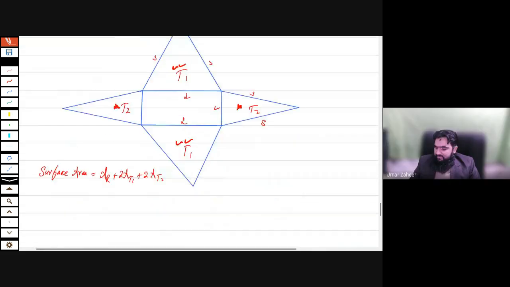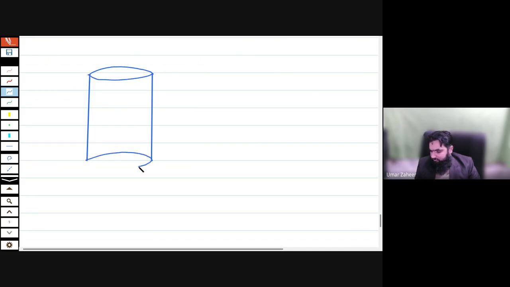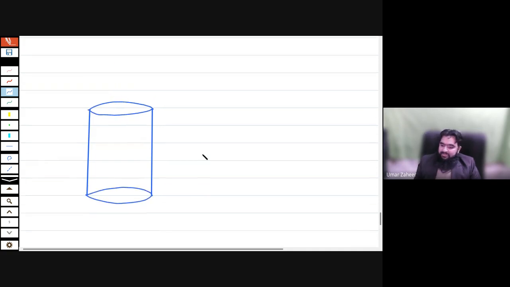And the last shape is going to be one more shape, that is the cylinder. Now look here, we have a cylinder.